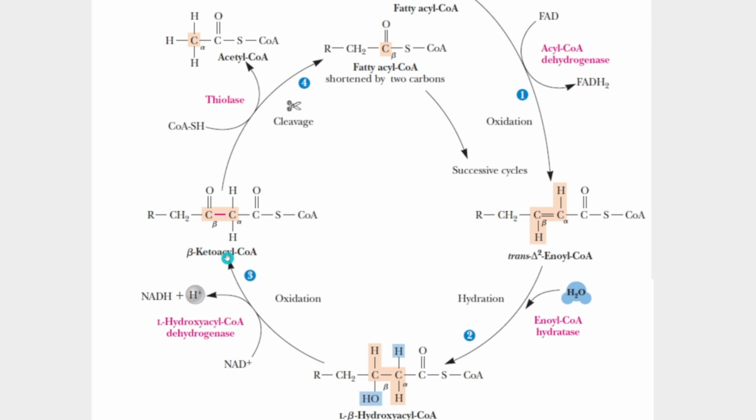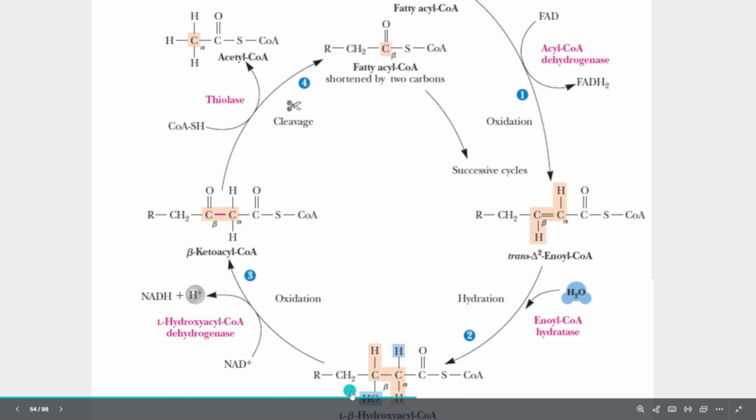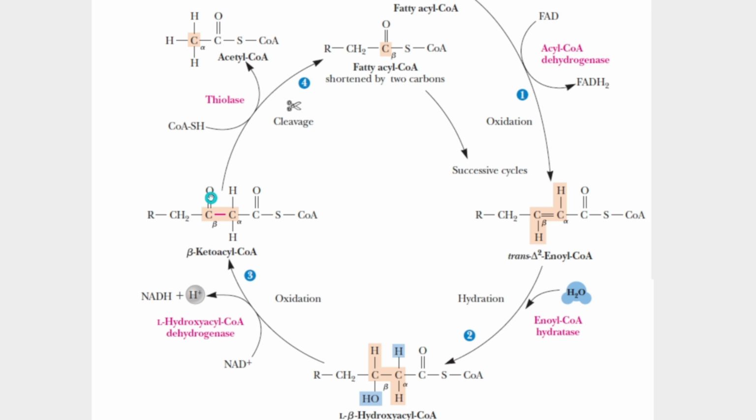So with this beta ketoacyl CoA, what is happening here is that the hydroxyl group is released and a double bond is formed, meaning that it forms the carbonyl group, the C double bond O. In glucose we have aldehyde carbonyl group and ketone group, right?